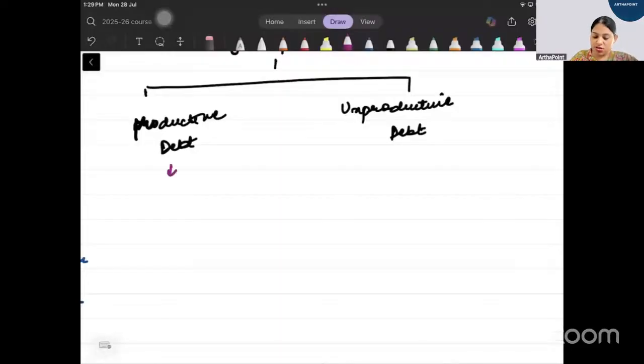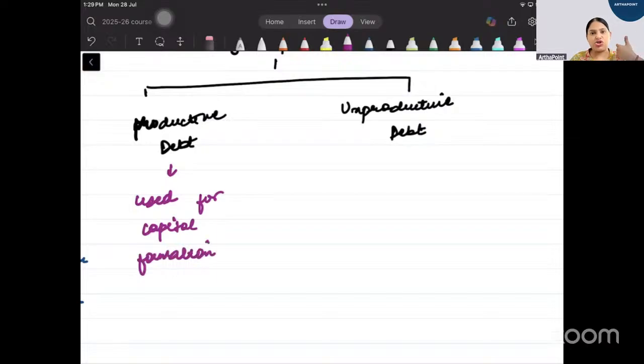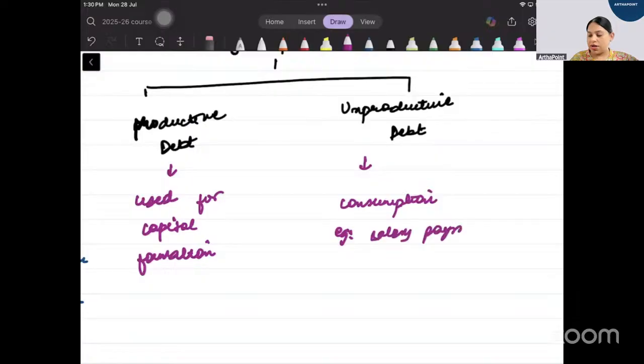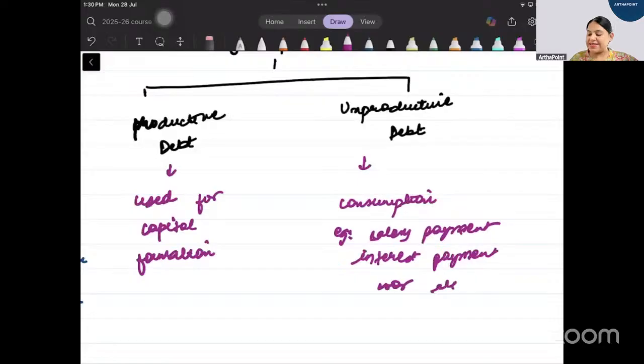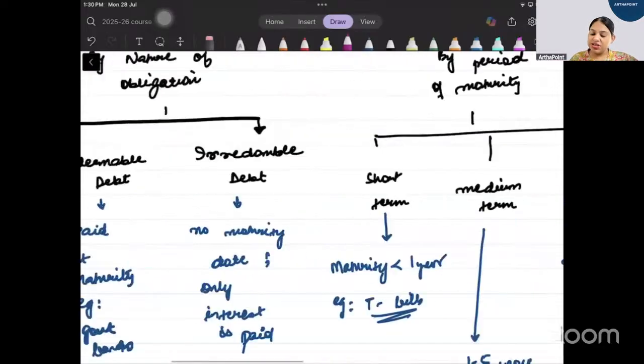So productive debt is used for capital formation, like infrastructure, agriculture, etc. And unproductive debt is used for consumption, right? Like salary payment, war, interest payments on earlier loans, etc.